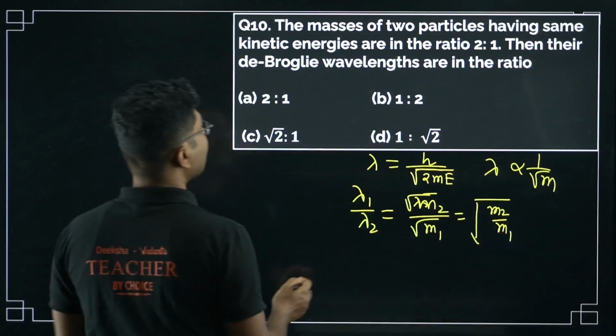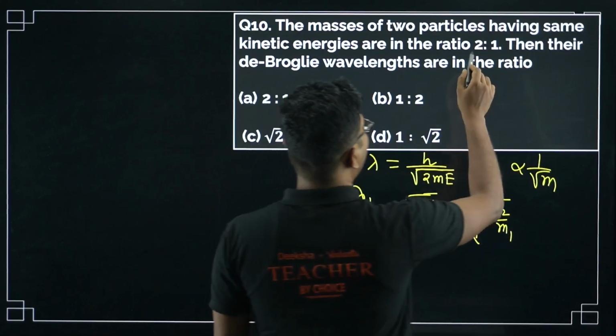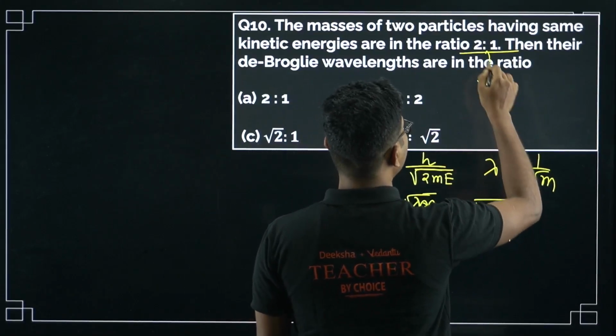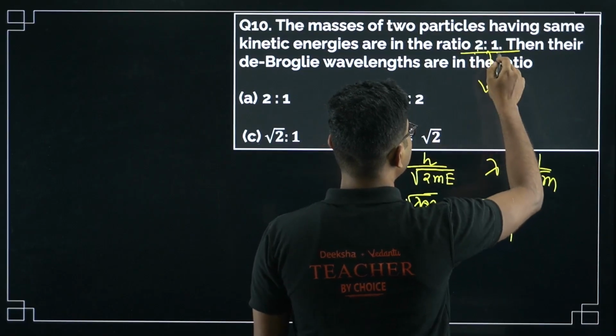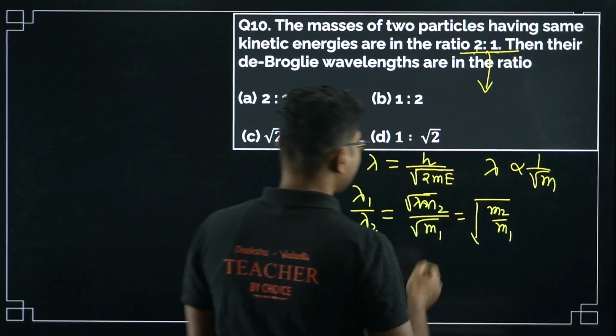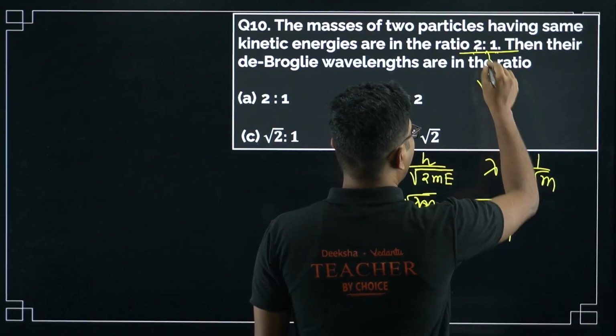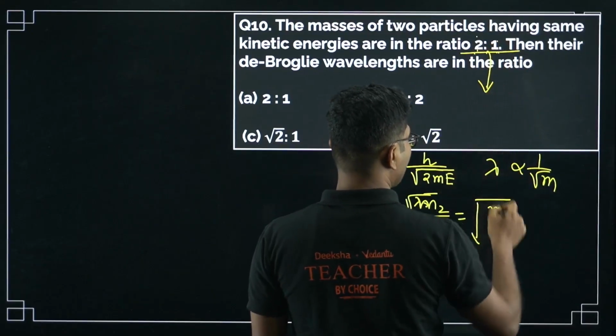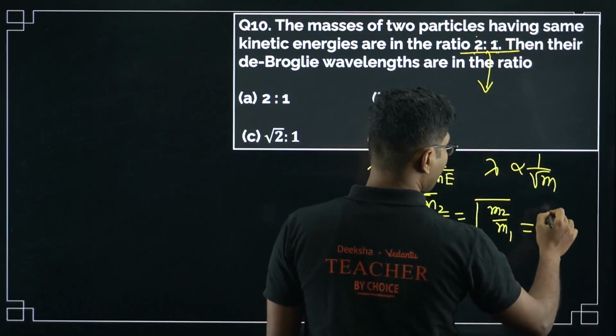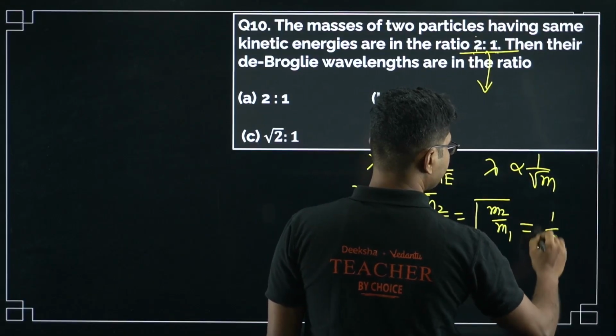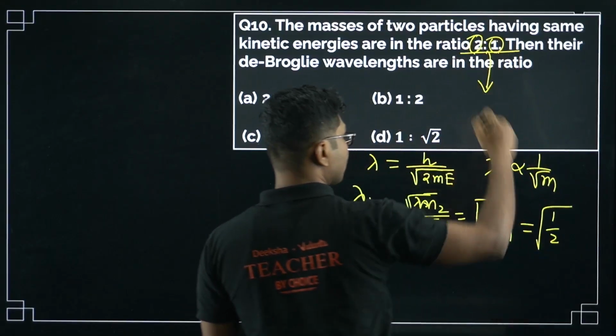The masses are given in the ratio 2:1. Energy is given the same here. So this is m1, this is m2. So m2 by m1 will be 1/2. m2 is 1, m1 is 2. So 1/2.